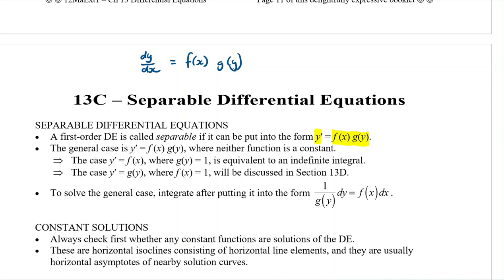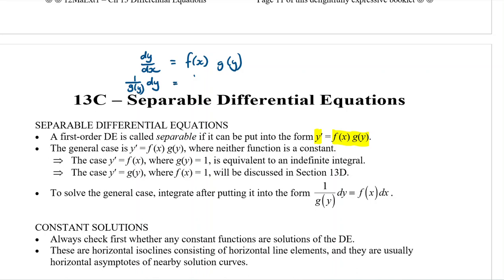What I want to do is move all of my x components together and all of my y components together, including the dx and the dy. So I would leave my dy on the left-hand side, and I'm going to divide the g of y over to the other side, so it would become 1 over g of y.